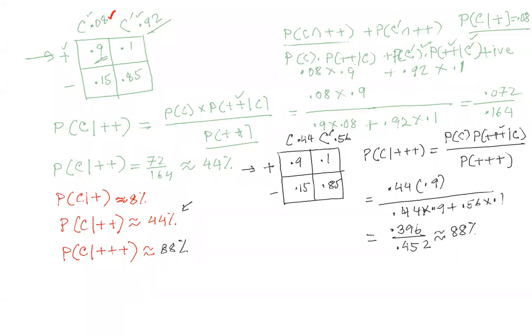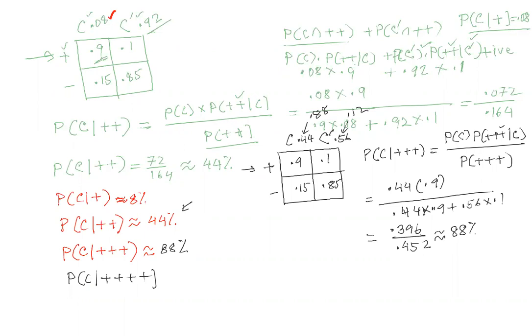Now, if I were to ask you, find the probability of someone having cancer, given that the person tested positive 4 times, you do the exact same thing, change this number to 0.88 and change this number to 1 minus 0.88, which is 0.12. And you can keep going.